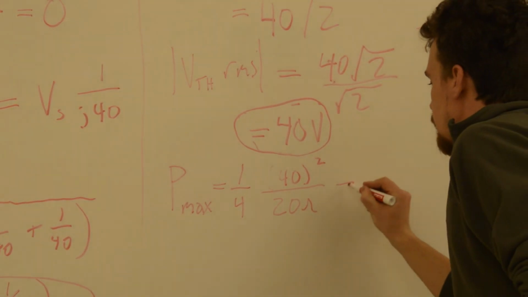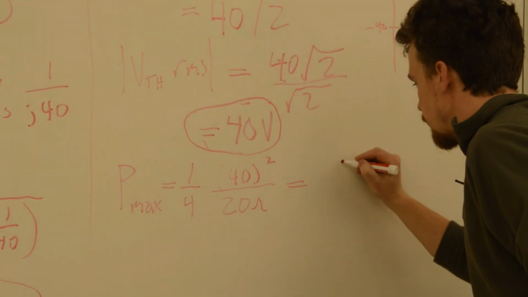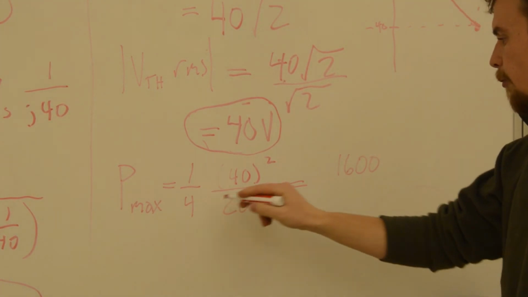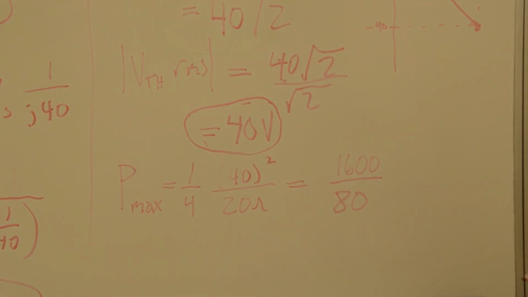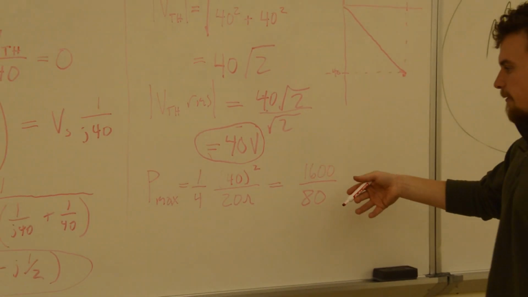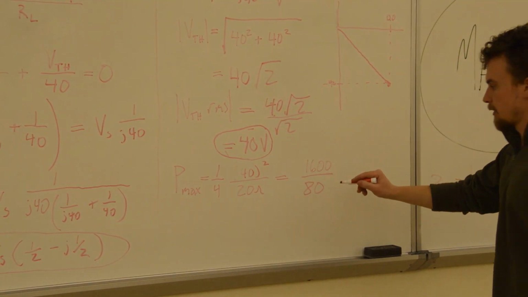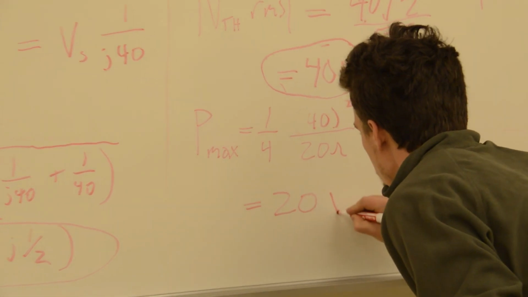Now this is equal to 40 squared, which is 1600, over 4 times 20, which is 80. Our answer is going to be in watts because we're working with volts and ohms. So 1600 over 80 is equal to 20 watts.